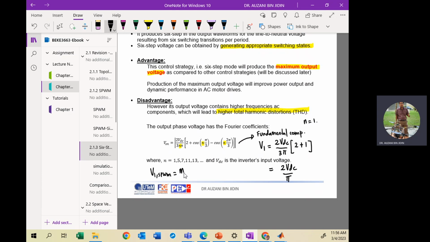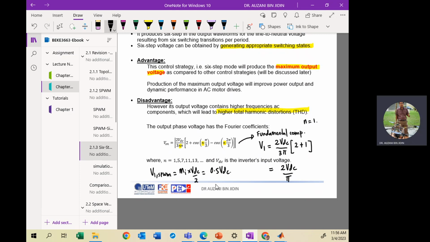So remember you have MI times VDC divided by 2, where your MI is 1. So the maximum voltage is 0.5 VDC. This is for the sinusoidal pulse width modulation. But by using the 6-step technique, you can produce a voltage larger than that.